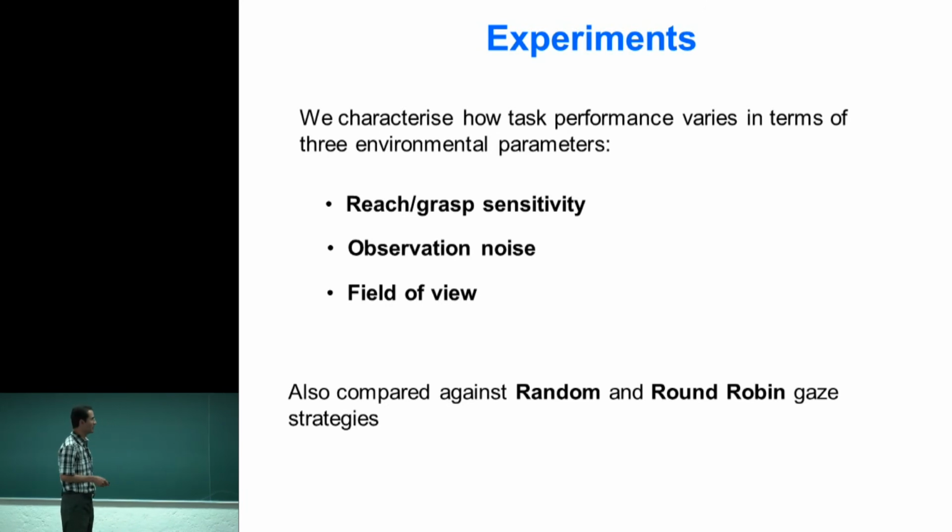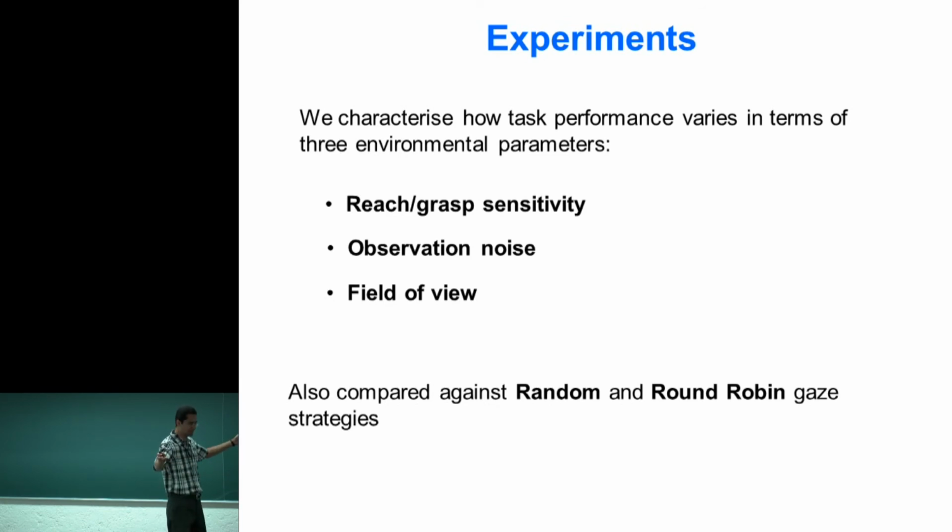Okay. So these are just different models that we were proposing, and we performed some experiments in order to see which one was better. Because we were using a simulator, we were able to do this. In a real robot, it's more difficult, because in the simulator we were able to increase or decrease the sensitivity of the reaching of the object, the observation noise, and the field of view. So we were reducing or increasing the field of view.